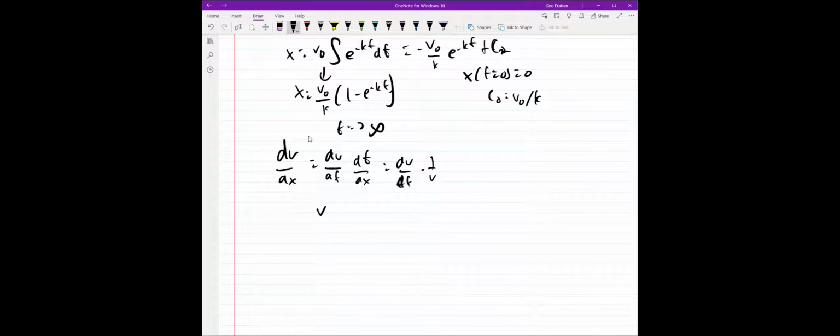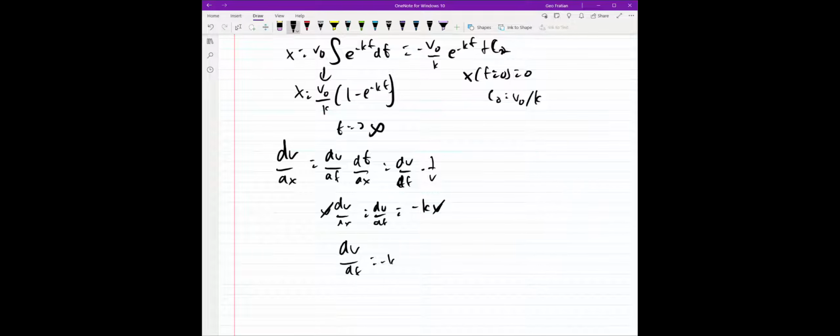So therefore v dv/dx is equal to dv/dt, which is equal to negative kv, and we can cancel stuff out, and we get dv/dx is equal to negative k. I probably shouldn't have canceled it out like that, but the v cancels. It's fine, as long as you know it's not in this equation, but whatever. It is equal to negative k.